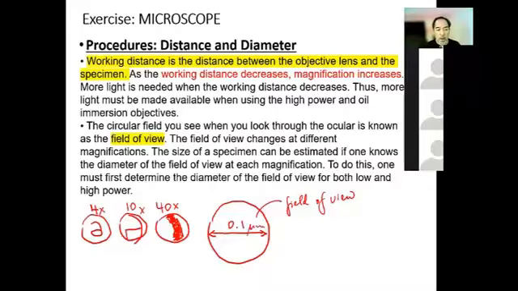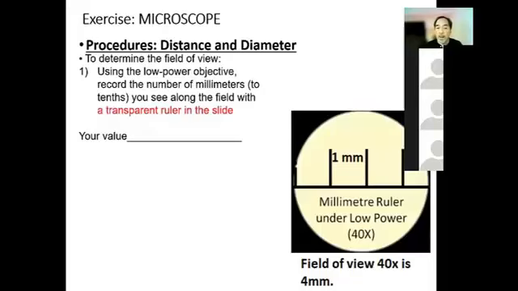So I see a transparent ruler that was placed onto the slide, and this tells me about the field of view area. Remember, this is 1 millimeter. Add another millimeter right here, so that's 2.